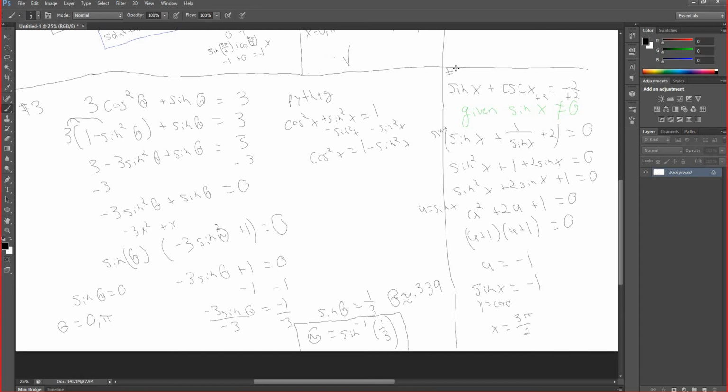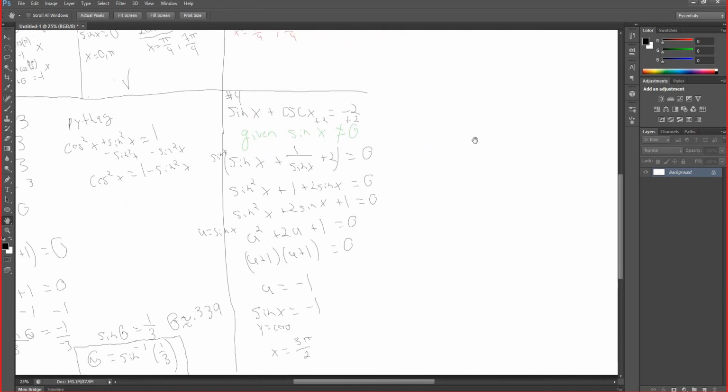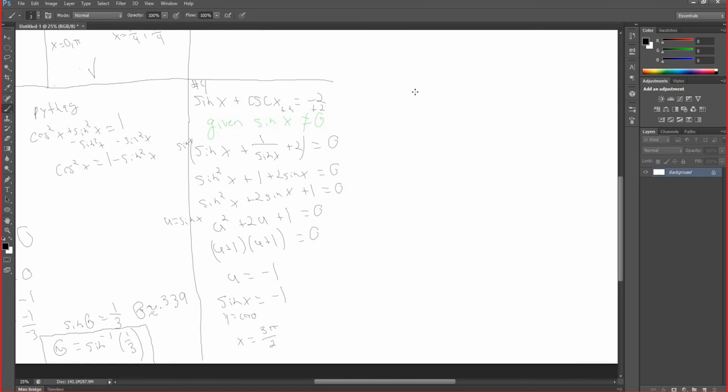This is number 4. What does it say under the sine x equals -1? Sine of x minus 1? I meant to write y coordinate, but I wrote y equals car. Okay. So this is coordinate.